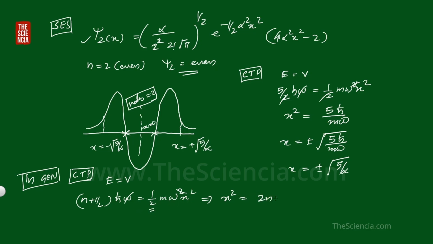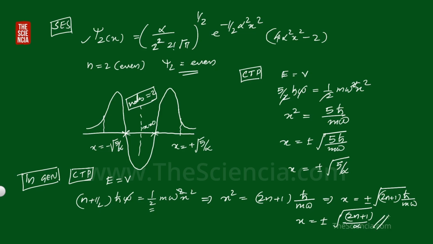Therefore we get (2n plus 1) h cross by m omega. Therefore we get x is equal to plus or minus root of (2n plus 1) into h cross by m omega. That is x equal to plus or minus root of (2n plus 1) by alpha. So this is the expression for finding the classical turning point of any wave function of the linear harmonic oscillator.